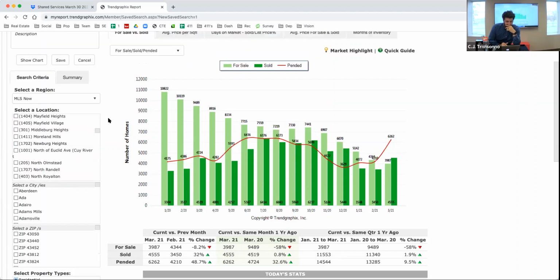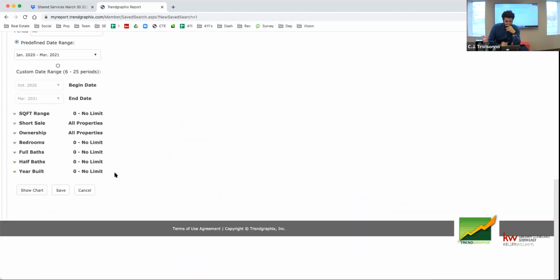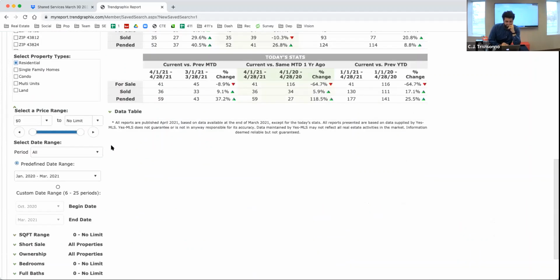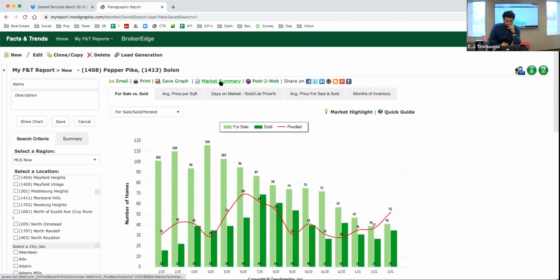So let's just pick two. I think it's going to give us the report for both of these. Yeah, so it looks like it's Pepper Pike and Solon.